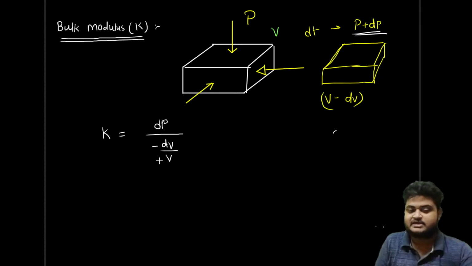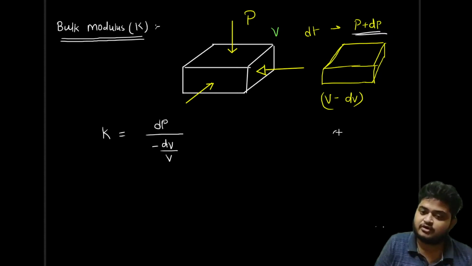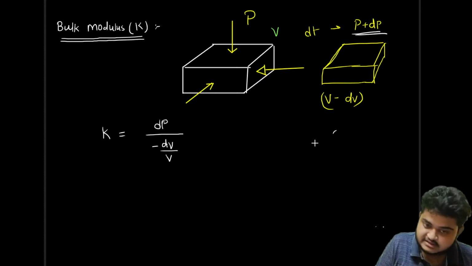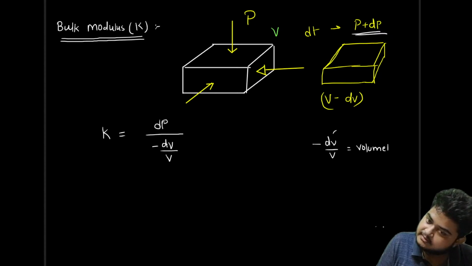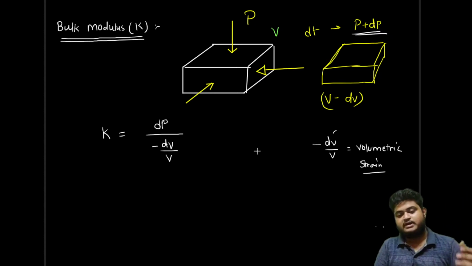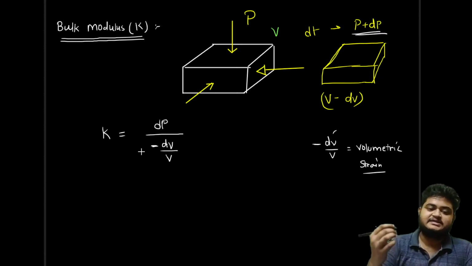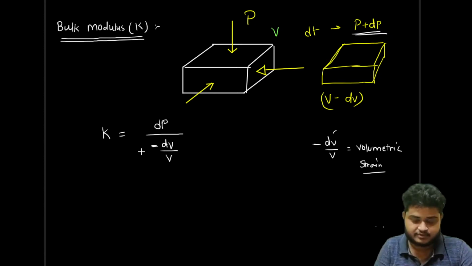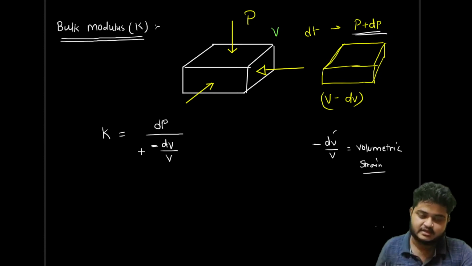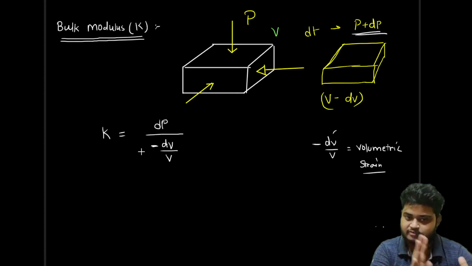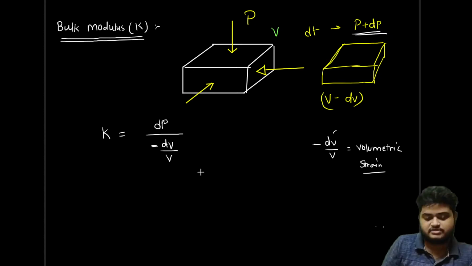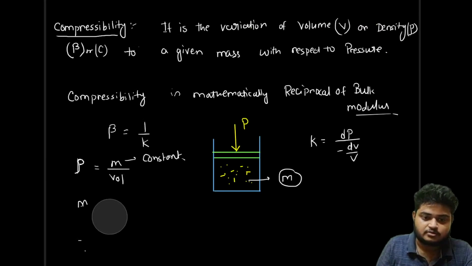So this is minus dV by V, which is the volumetric strain as well. And why are we using the negative sign over there? Because dV is negative, as the volume is decreasing. So to keep the value positive, we are using this negative sign.